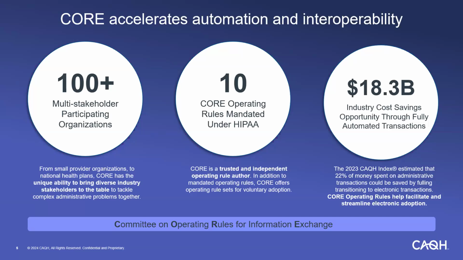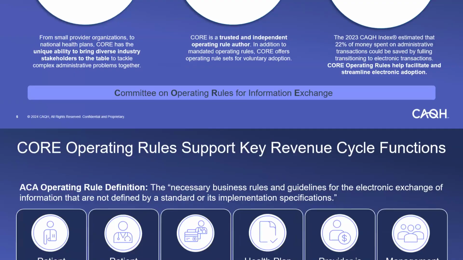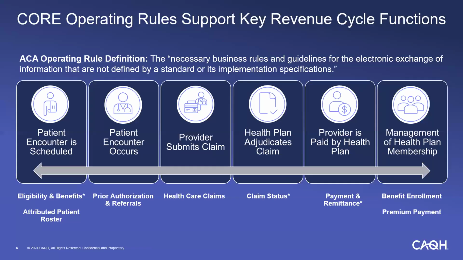So on the next slide, you'll see that we have written operating rules for almost every step of the revenue cycle. This includes from the time the patient is encountered at a provider all the way through when that claim is billed, the payment is made by the health plan to the provider, the EOB is generated to the member, and how members even become enrolled into a health plan.